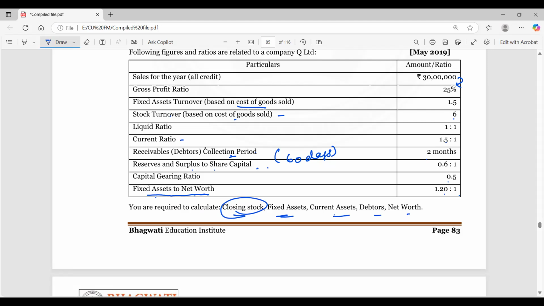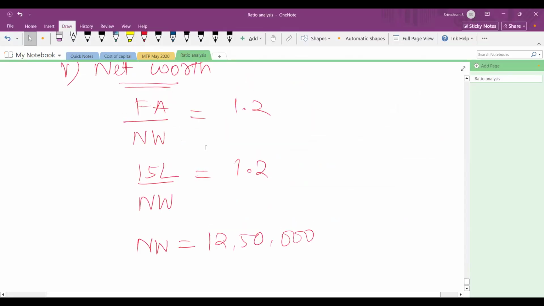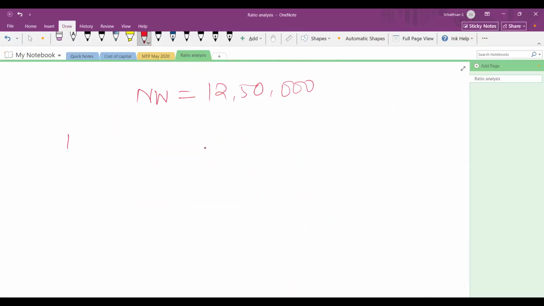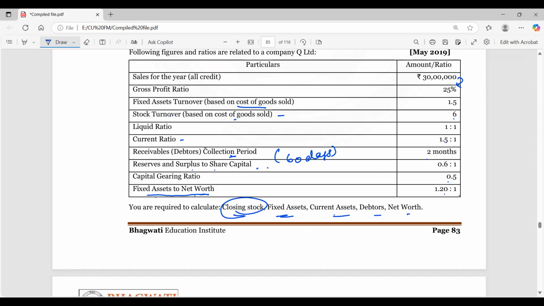Net worth plus dividend plus preference. We have inventory, no, correct. We can. That is a shorter way of doing it. That is easy actually. Requirement 3. Calculation of current asset. I didn't see the liquidity ratio over here. It is given. Okay.